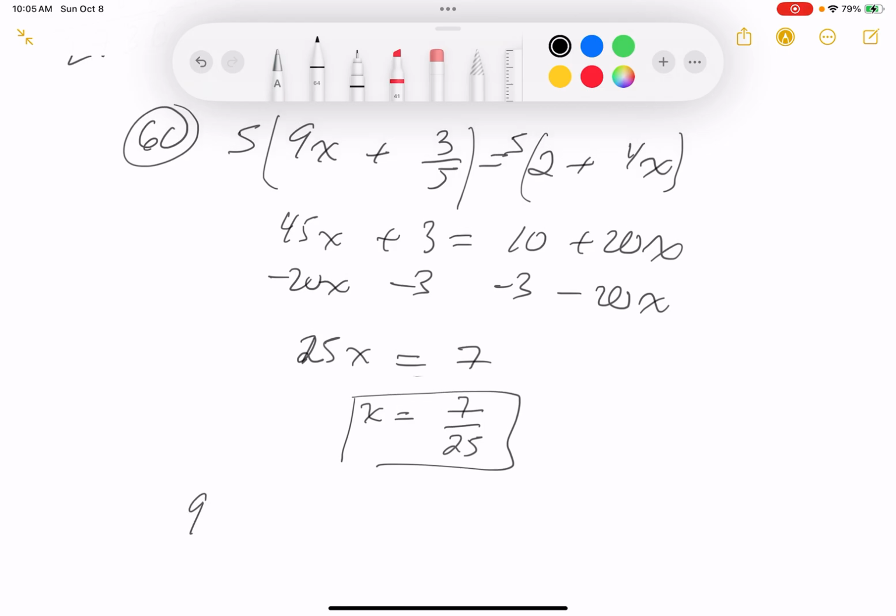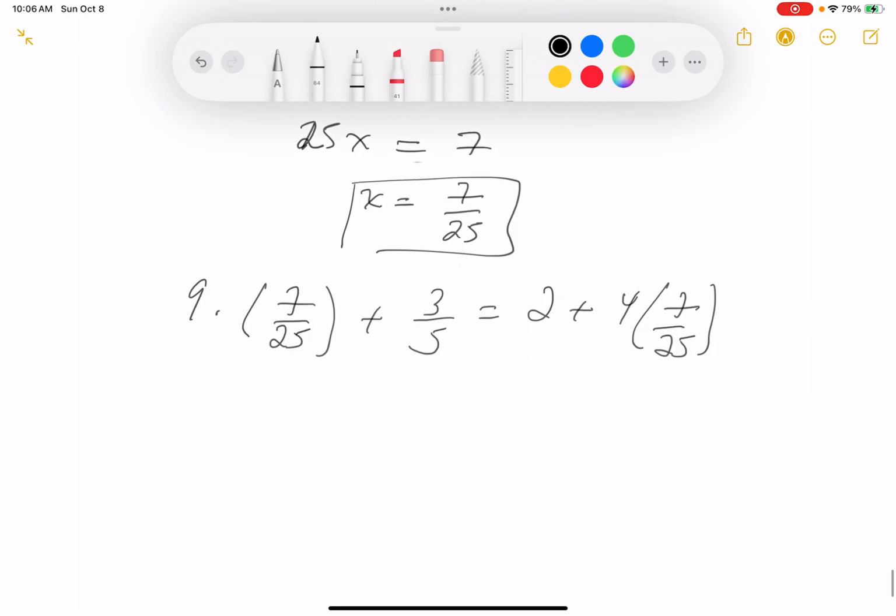So it's 9 times 7 over 25 plus 3/5 equals 2 plus 4 times 7 over 25. Let's go through it. And you get 63 25ths, plus, I want to make this into 25ths, multiply top and bottom by 5.